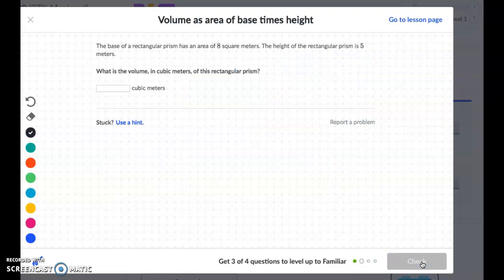The base of a rectangular prism has an area of 8 square meters. The height of the rectangular prism is 5 meters. So again, we're going to look at this and say, okay, well, I see that word volume. I'm looking at volume, so I know that I'm going to do length times width times the height.